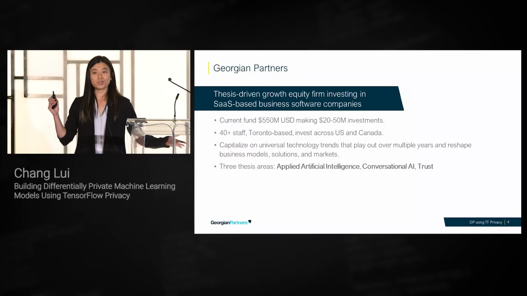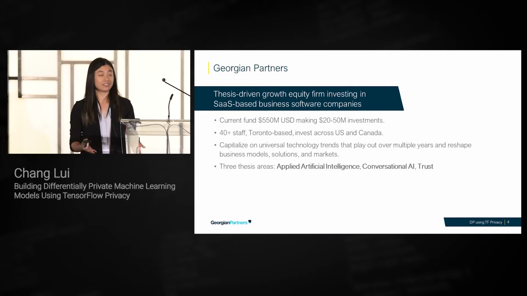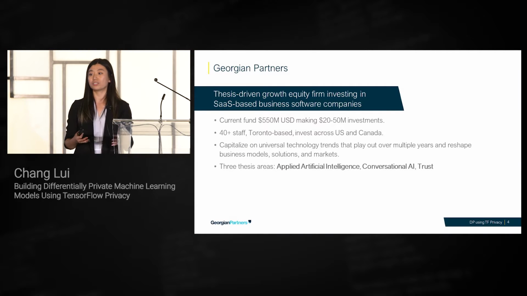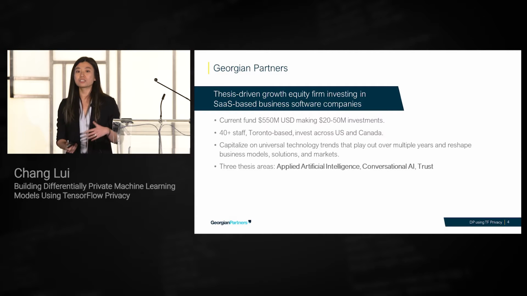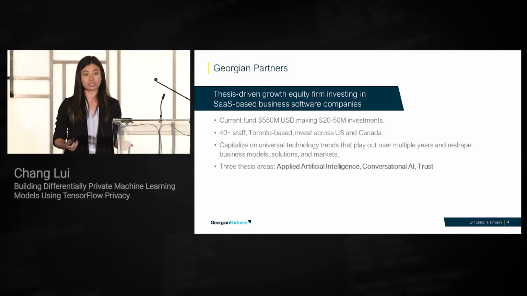All right, so Georgian Partners, we're actually based here in Toronto, and we're a growth stage venture capital firm, and we invest in software startups all across North America. We have three thesis areas that we focus on: applied artificial intelligence, conversational AI, and trust.